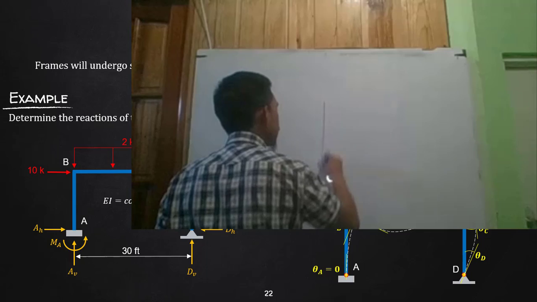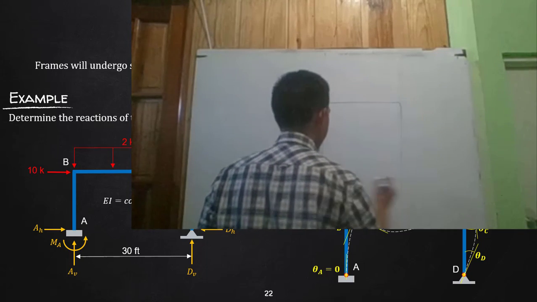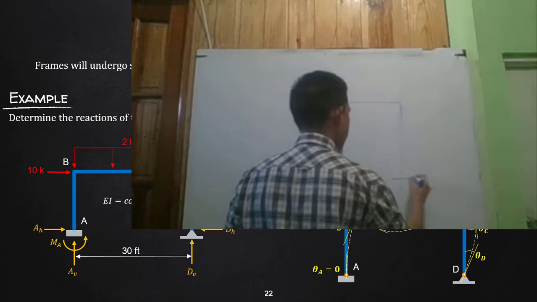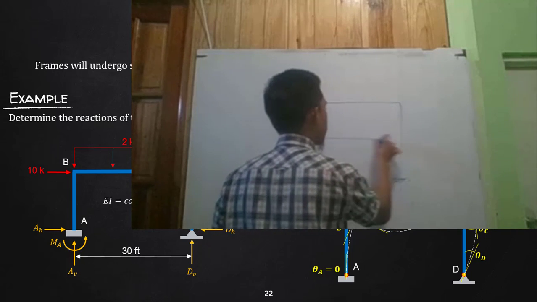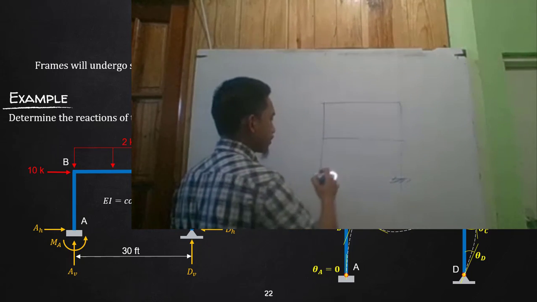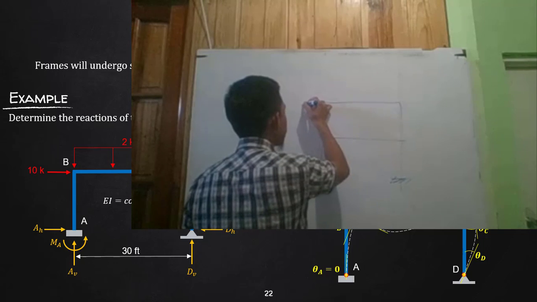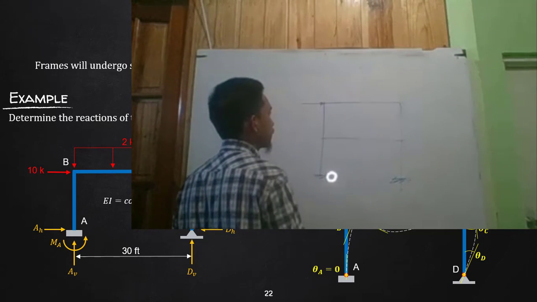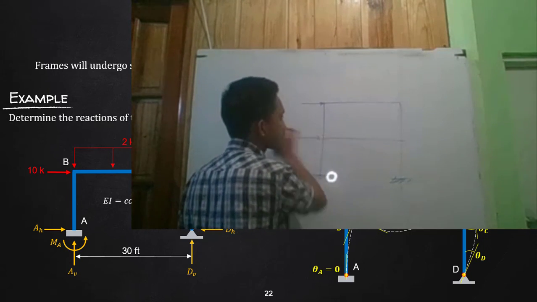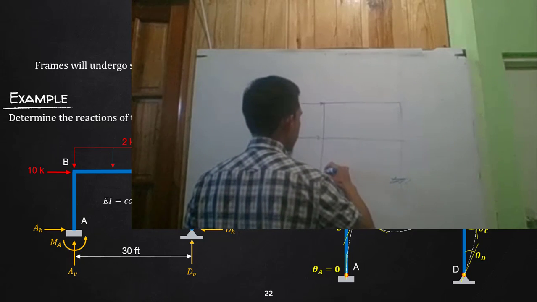So let's say this is a frame, the same as our frame, but only that it is a two-story. Let's say there is a force here, or there are forces, and then this will deflect.